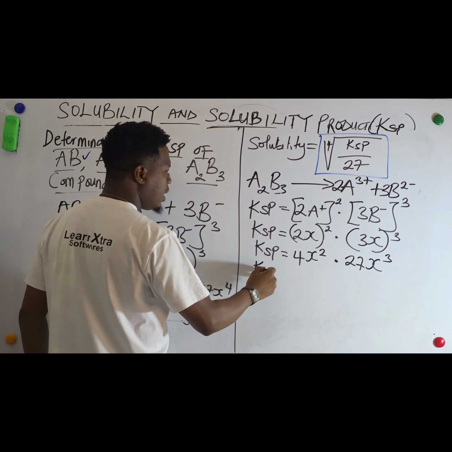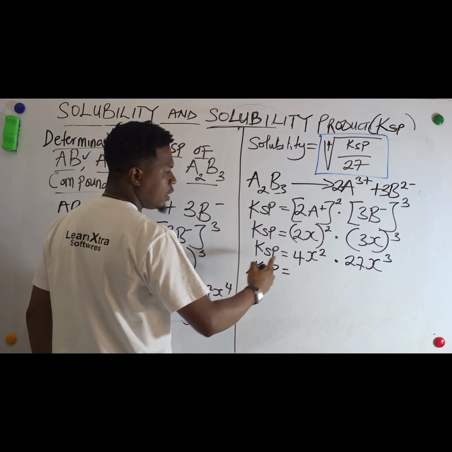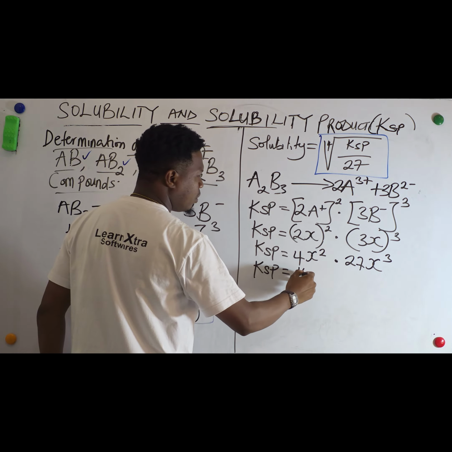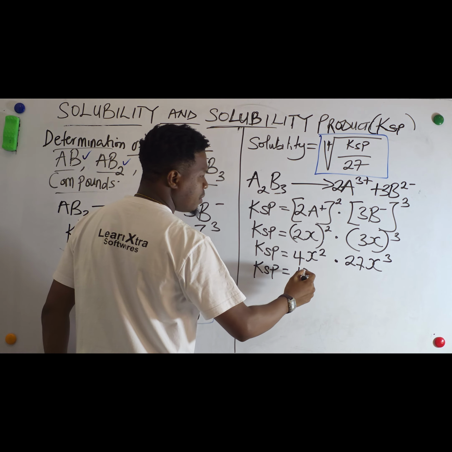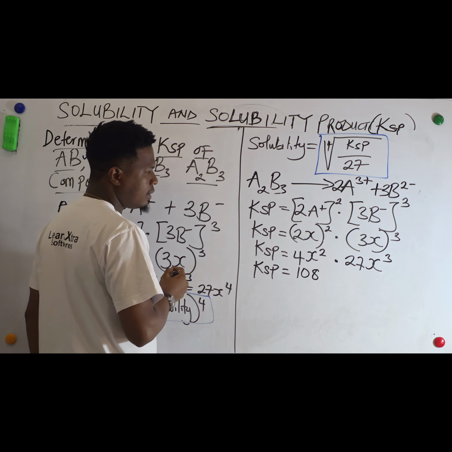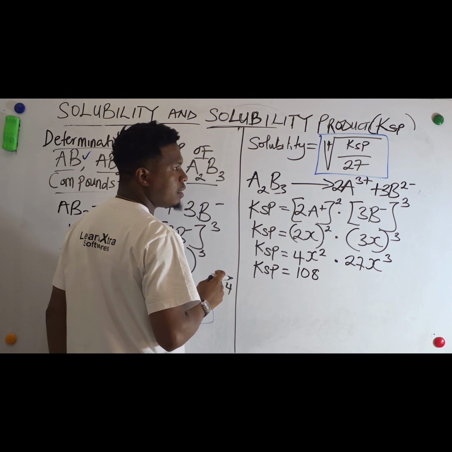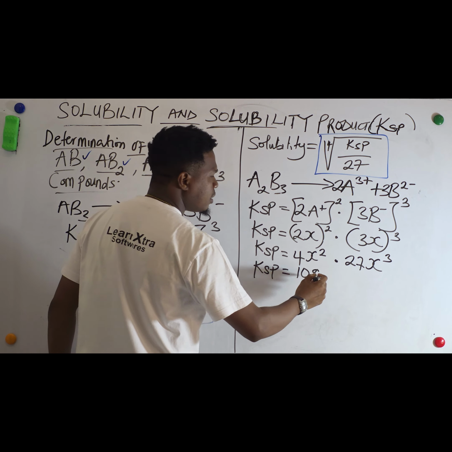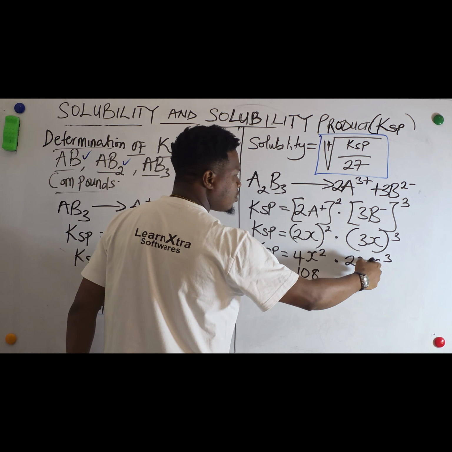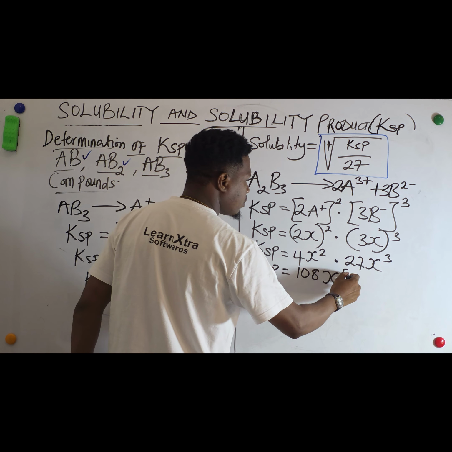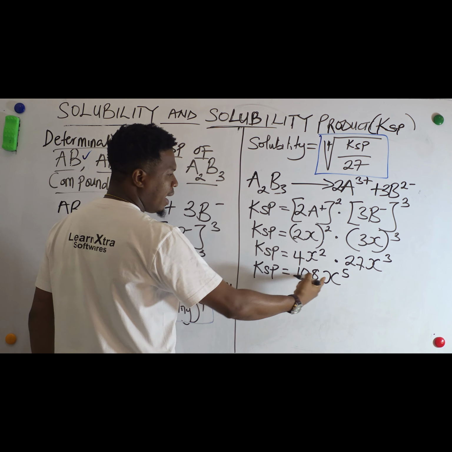So KSP is equal to, this times this will give you 108, if I'm not mistaken. Yes, 108. Yes, 4 times 27. 7 times 4 is 28. Okay, yeah, 108. x squared times x to the power of 3 is x to the power of 5. So we have x as solubility.